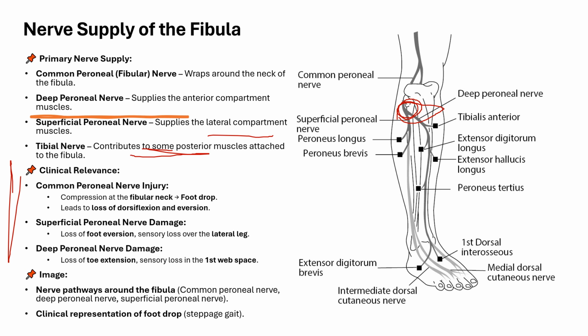If the person is not able to dorsiflex the ankle, while walking he is not able to clear the ground surface, so to clear it he will do the steppage gait, with excessive knee flexion or excessive hip flexion, so the foot or ankle gets clear from the ground and he can keep it in front for walking.